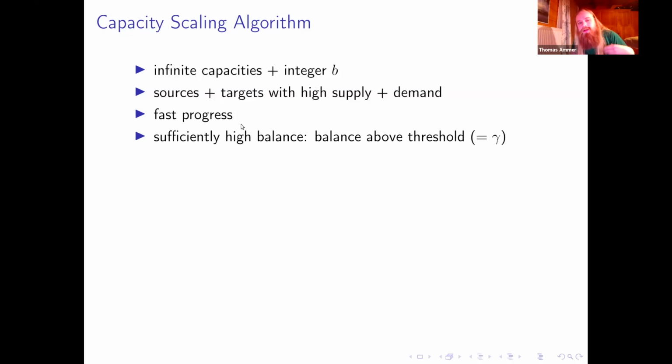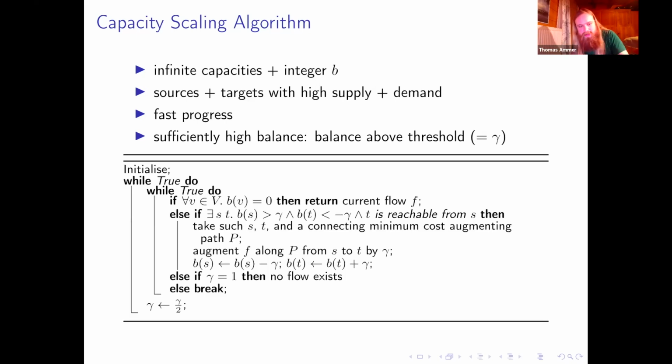It's enough if we pick sources and targets with sufficiently high balances, and that means a balance that is above a threshold. In this case, we use gamma as the threshold. And please recall, gamma is also the value by which we are augmenting. So this is a capacity scaling algorithm to solve the minimum cost flow problem.